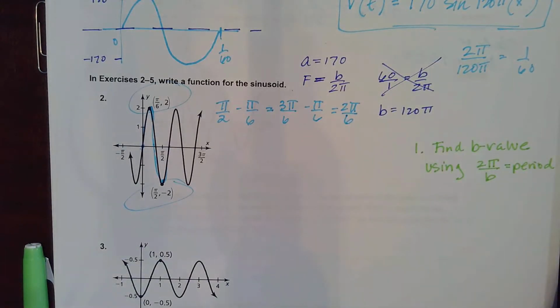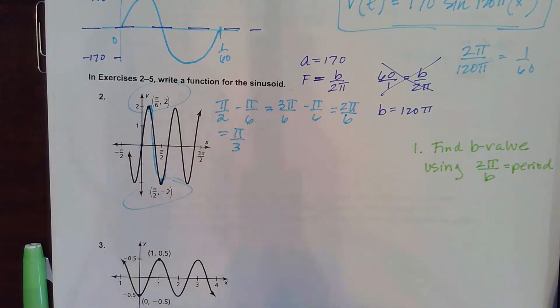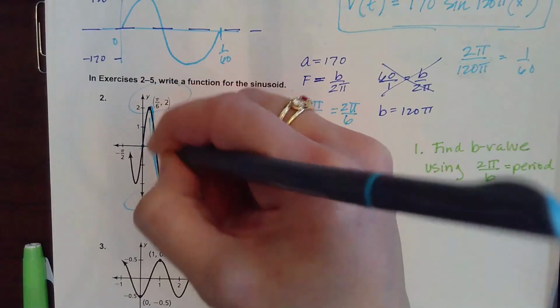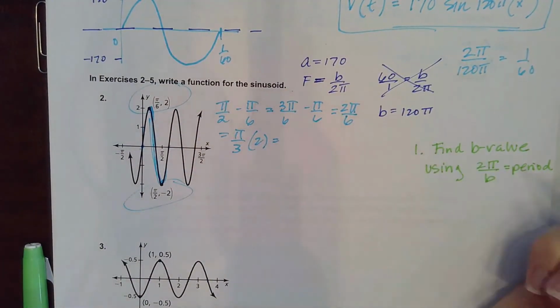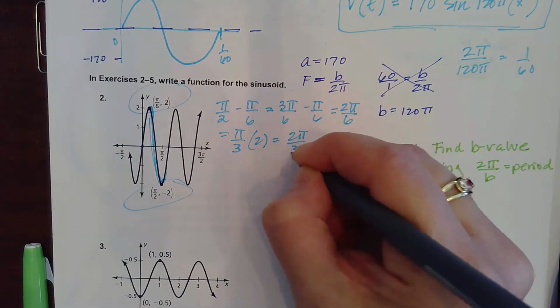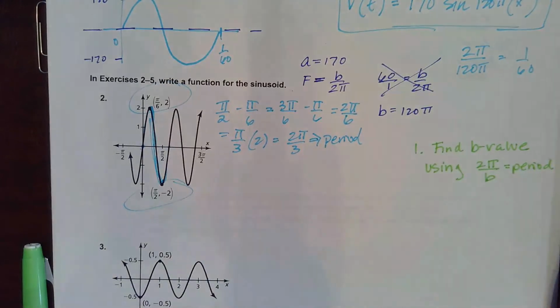So I have 2 pi over 6, which equals pi over 3 if I reduce it. Remember, this is the distance on your x-axis from one max to one min, but we're going to multiply this by 2 to figure out the whole period. So 2 pi over 3 is the period of this function.